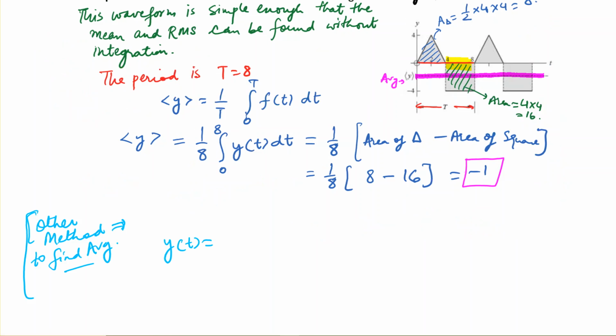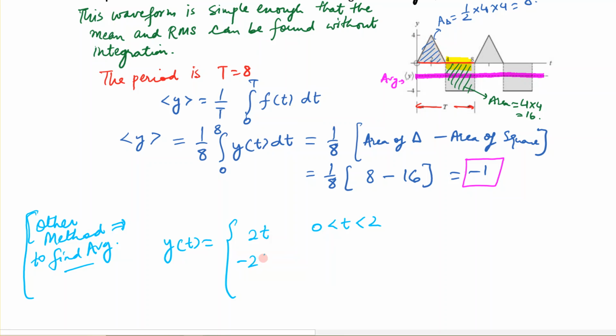So first of all, we start by defining our function. From the graph, we can see that between 0 to 2, we have a straight line which is increasing. So our function is of the form 2t between 0 to 2. And then we reach 4, so 2 times 2 is 4. And then from 2 to 4, our function is a decreasing line with slope -2.